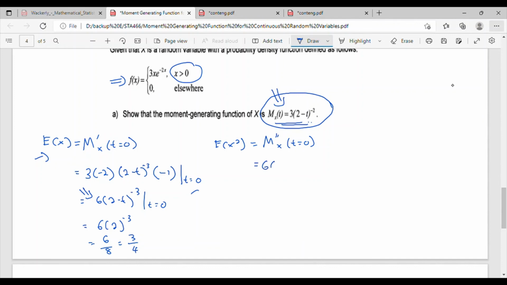You get 6 times negative 3 times (2 minus t) to the power of negative 4 multiplied by negative 1. So you get 18 (2 minus t) to the power of negative 4.